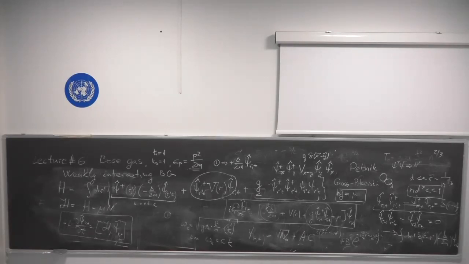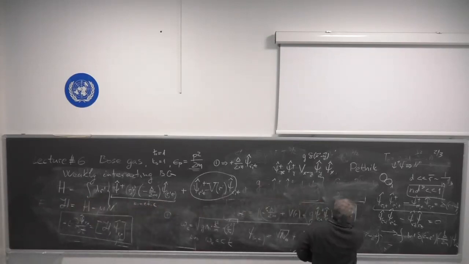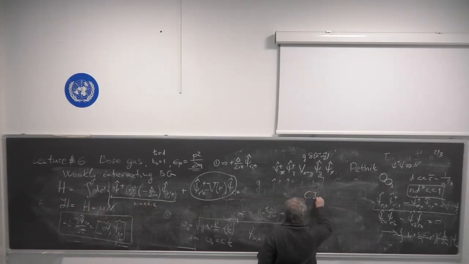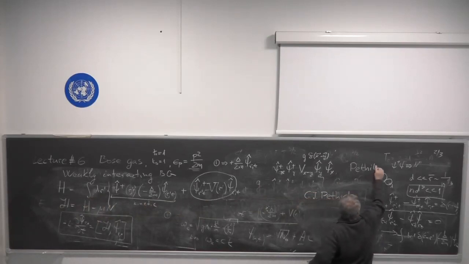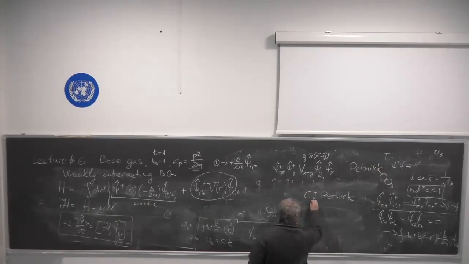The authors are, let me write it down, C. J. Pethick and H. Smith. It's called Bose-Einstein Condensation in Dilute Gases.